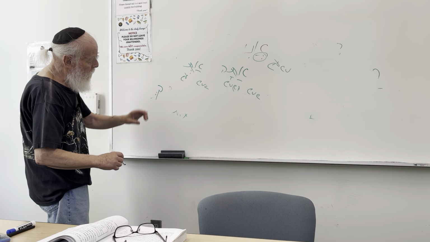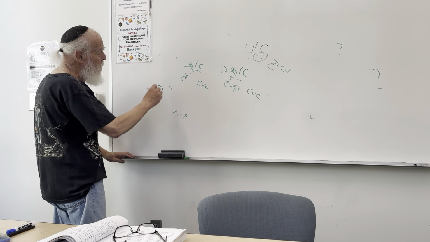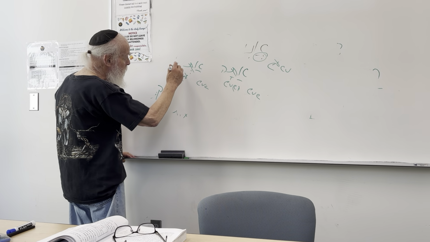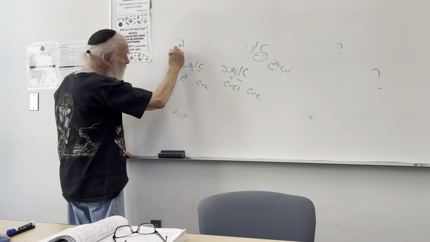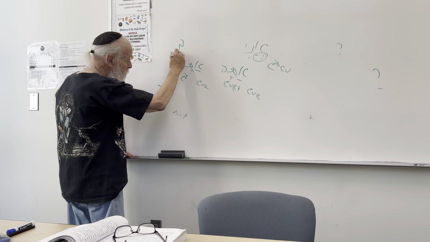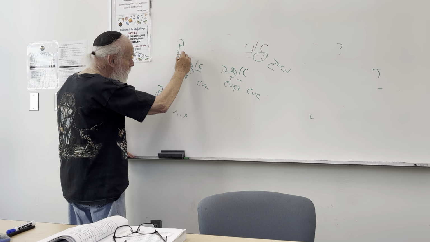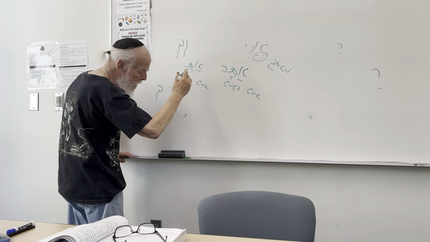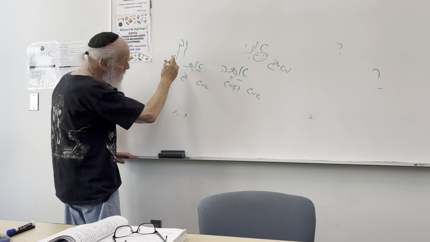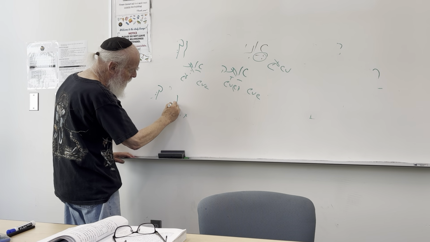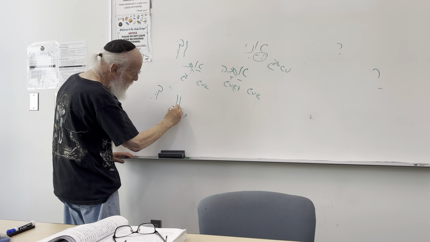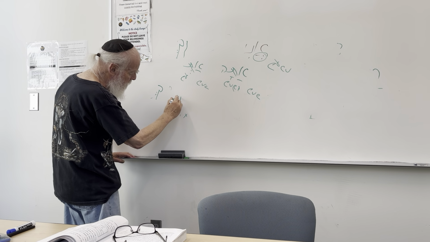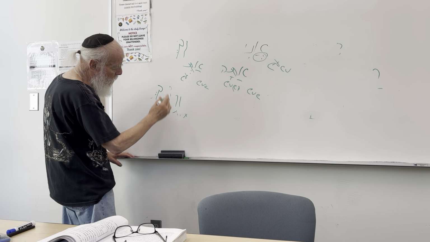All right, let me take that question again. The reason why, according to most people, the final letter chaf is written with a shva nach alongside of it is to distinguish it from a final letter nun. You can't see the difference here, but back in the day, the final nun and the final chaf looked something like that. So I'm told.